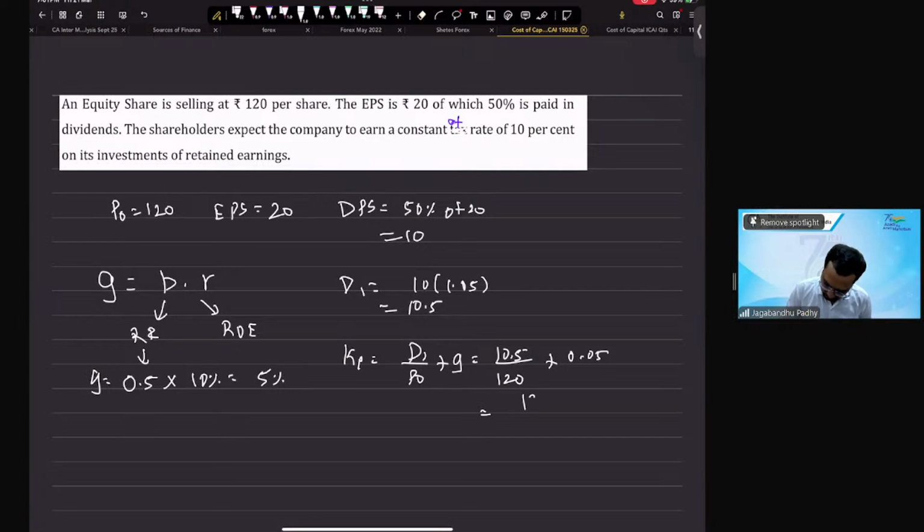That's 13.75%, right? Are we getting this 13.75%, guys?